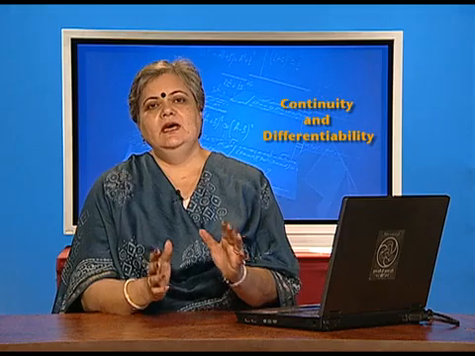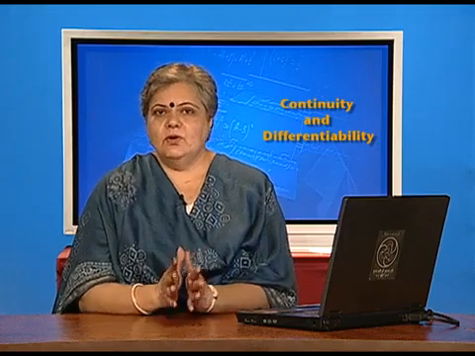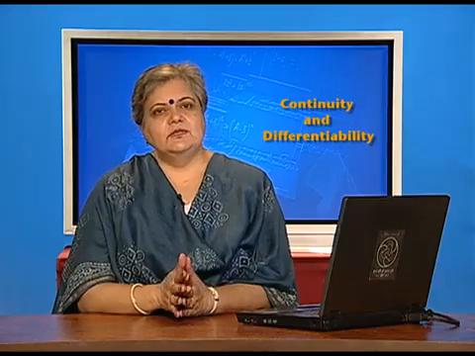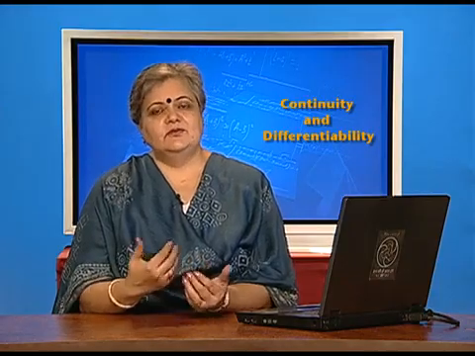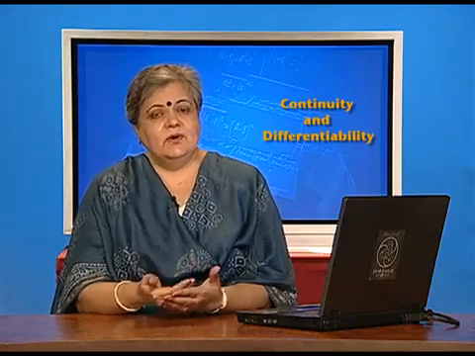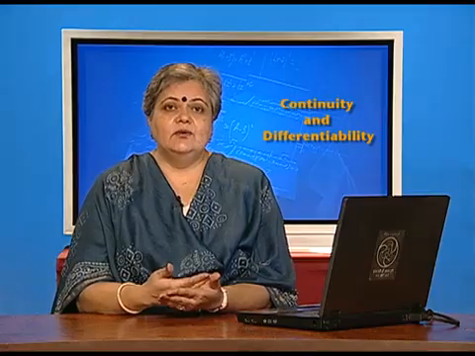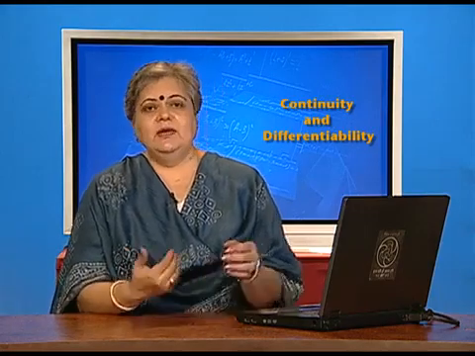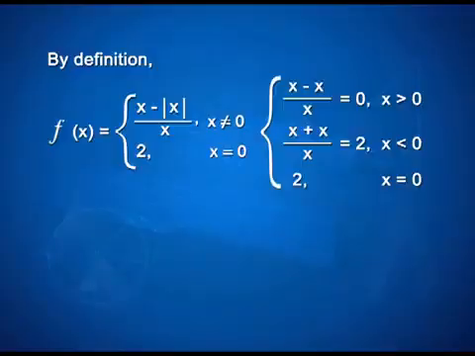Now, every time you see a function which involves modulus, absolute value function, the very first thing one must do is restate, rewrite, define it again, keeping in mind that the behavior of mod x depends on whether x is greater than 0 or x is less than 0. So, keeping that in mind, let us redefine our function.